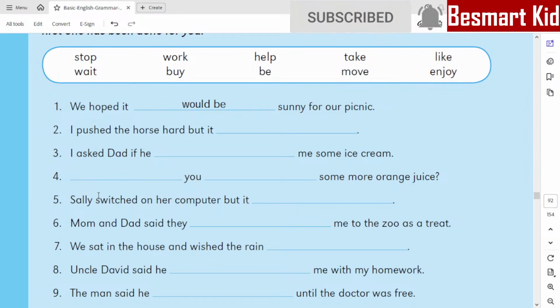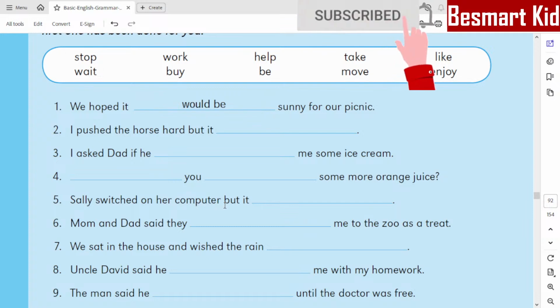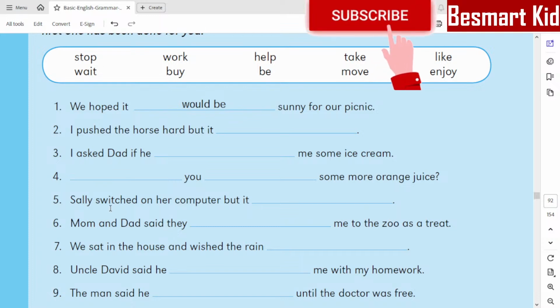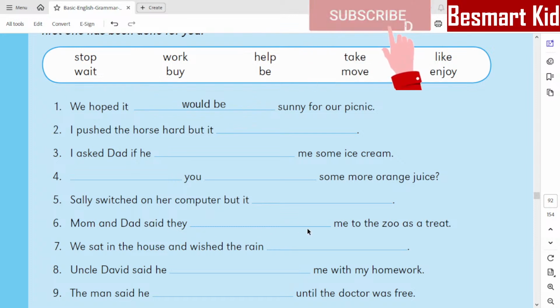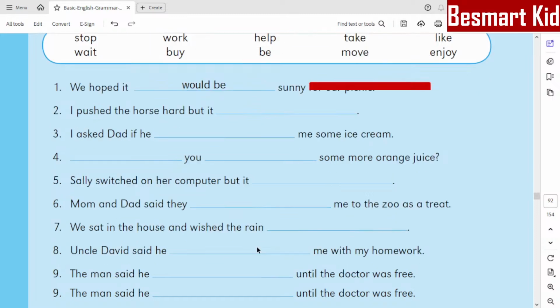Fifth, Sally switched on her computer, but it dashed. Sixth, Mom and Dad said they dashed me to the zoo as a treat.